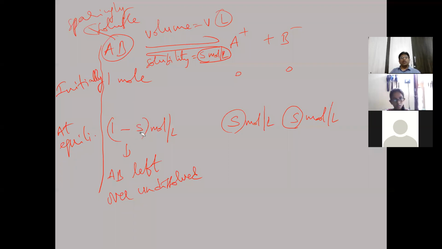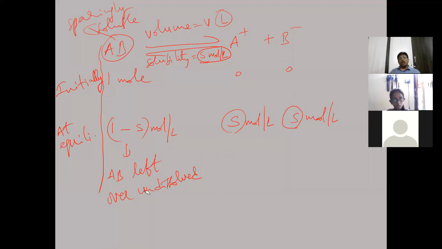More than S quantity of AB solute will not be dissolved. Whoever dissolves AB in a given volume of solvent, always only S quantity will be soluble. That means the solubility value of this AB compound in the given volume will always be constant. Keep that point in mind. So here, as S dissolved, we got S moles per liter of A plus and S moles per liter of B minus.